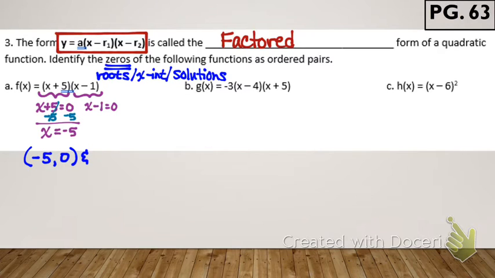What do I do to find the other x-intercept? +1 on both sides. So I have x equals 1. That ordered pair would be what? 1, 0. I want you guys to do part B on your own. That A value of the -3 out in front won't affect your roots at all. You can just ignore it and then do exactly what we did on part A.